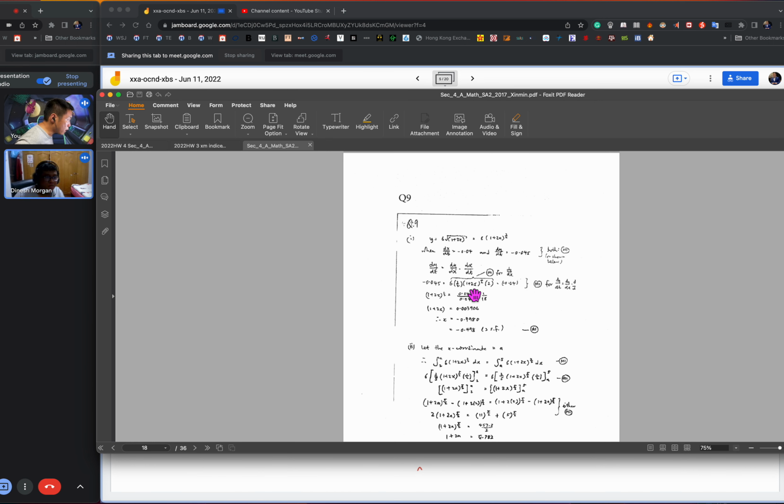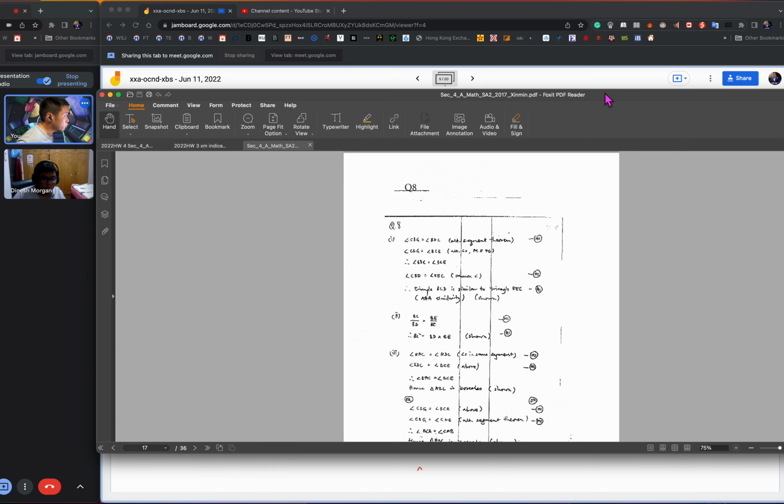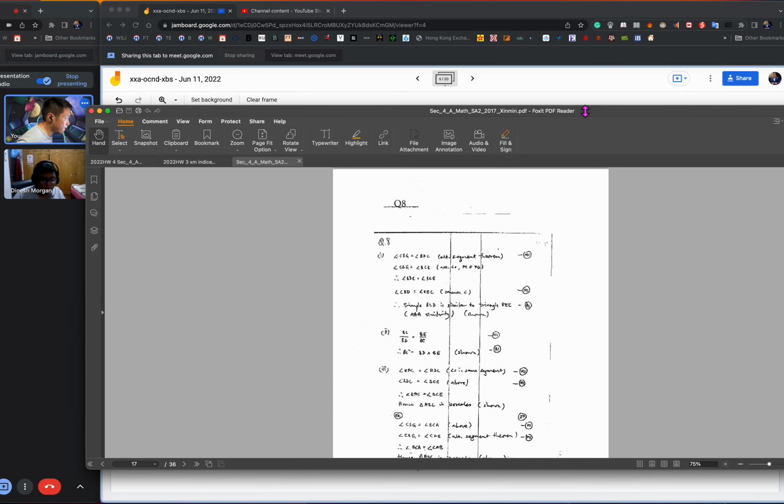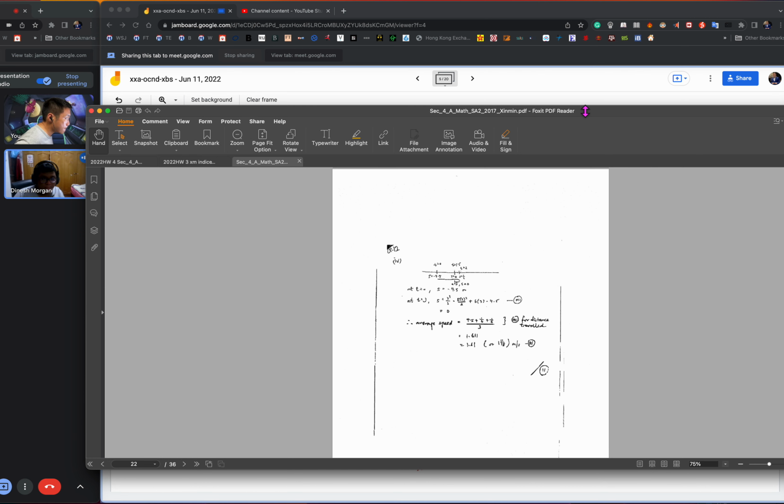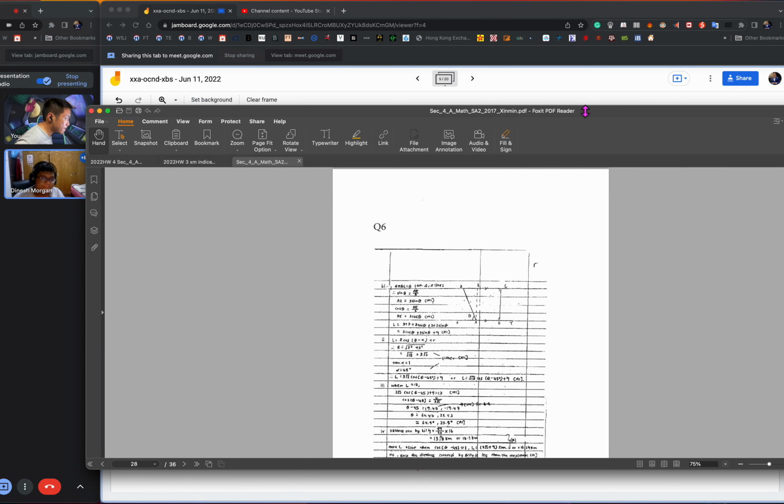Then why you leave the so-called 3 inside? I think we made a mistake somewhere, somehow.